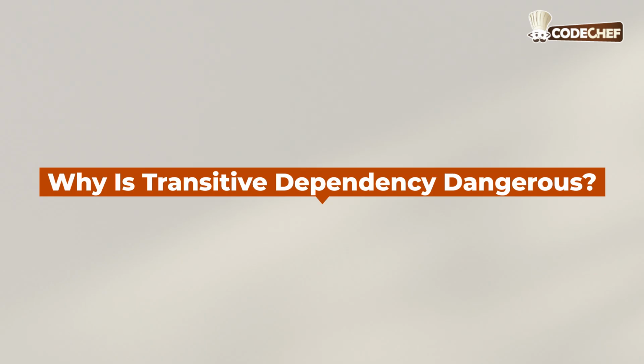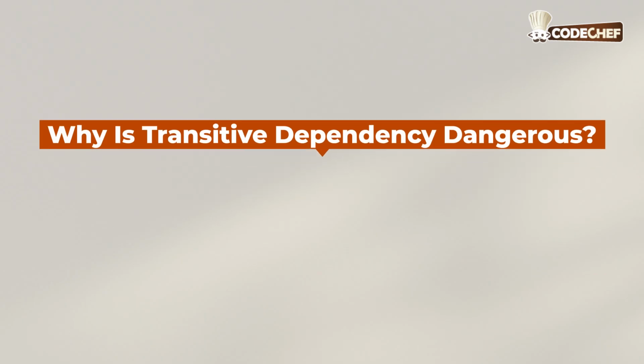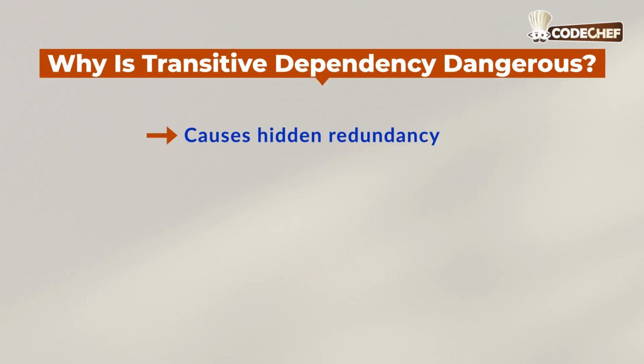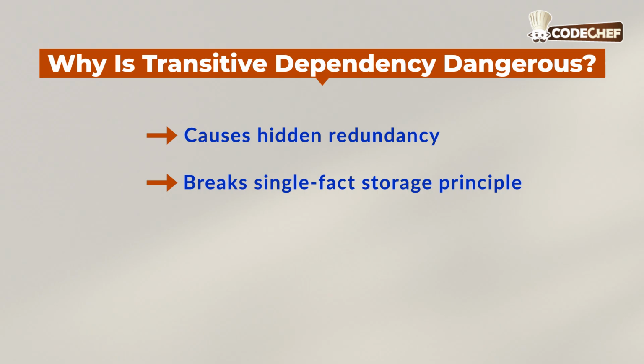Why is transitive dependency dangerous? First, because it causes hidden redundancy. Second, it breaks the single fact storage principle. When attributes depend on other attributes that are non-key or not reliable, then data is stored on the basis of multiple different facts, which breaks the single fact storage principle.